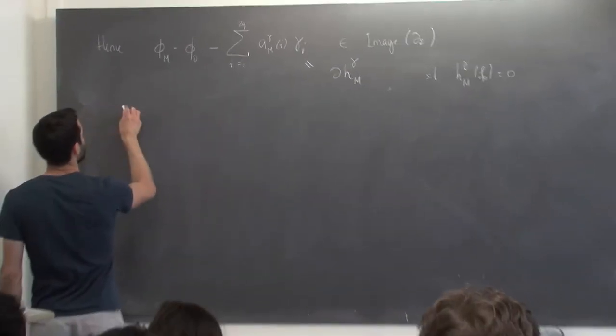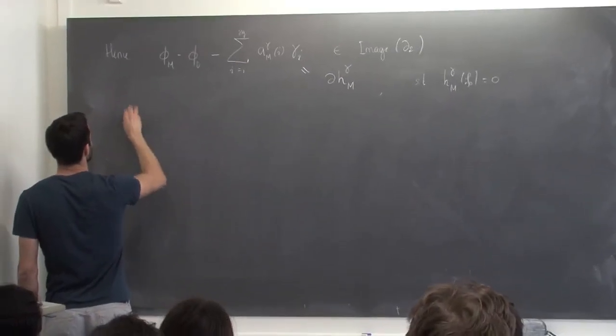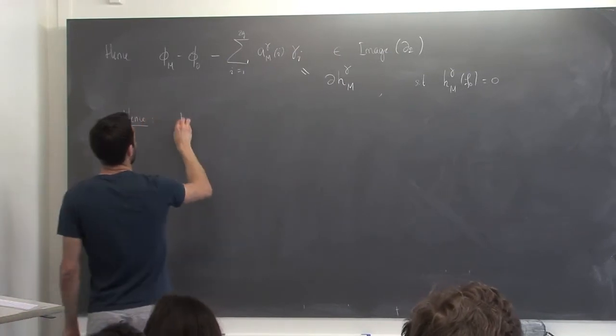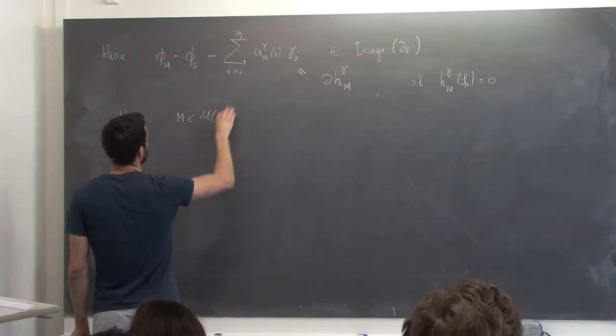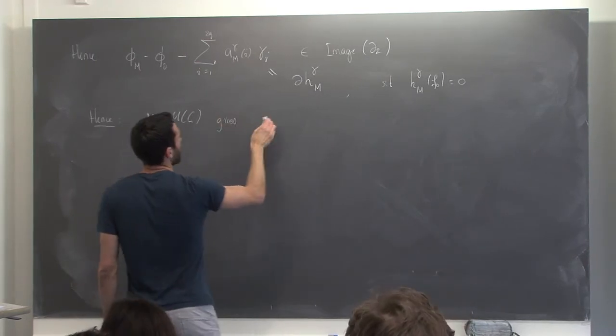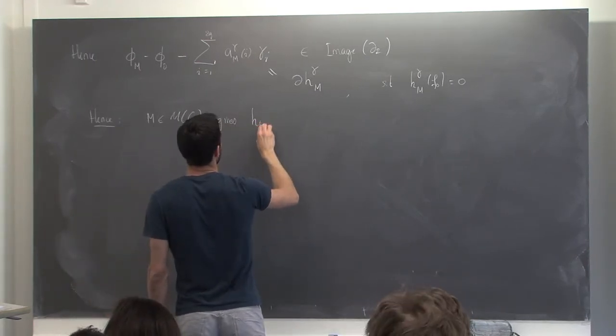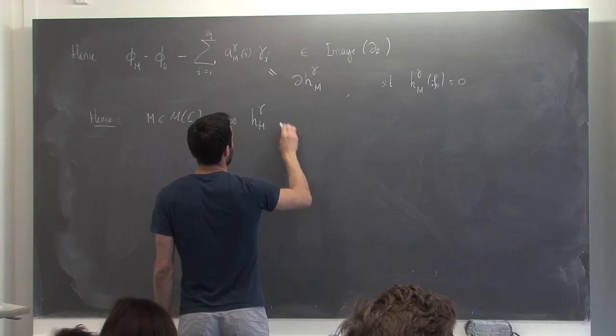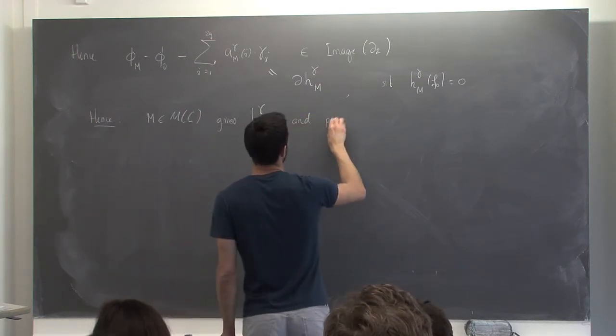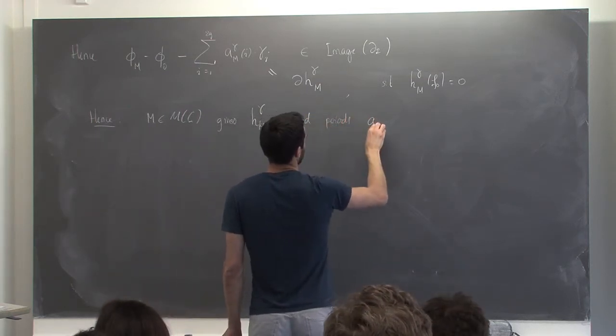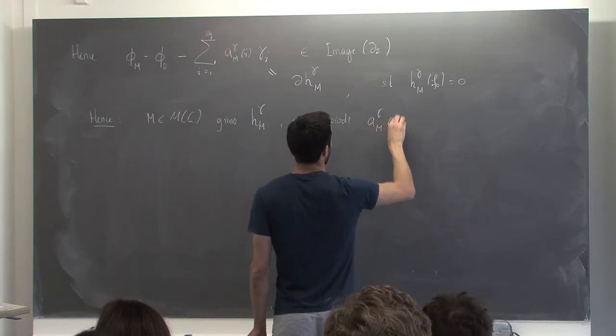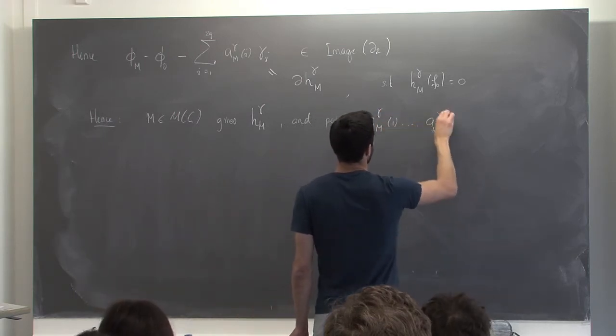Okay, so hence, if I have m in M of G, it gives me a height function h_m gamma and these periods a_m gamma 1, ..., a_m gamma 2g.